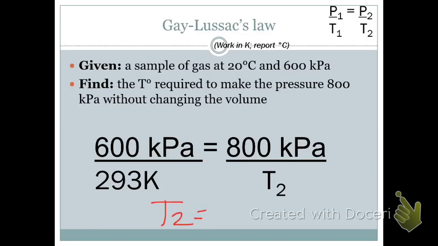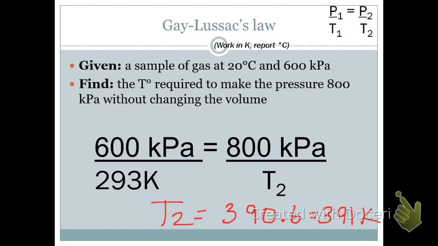I got to do this with you. So 293 times 800 divided by 600 is going to give us 390.6, which can be 391 K. But am I done with that?